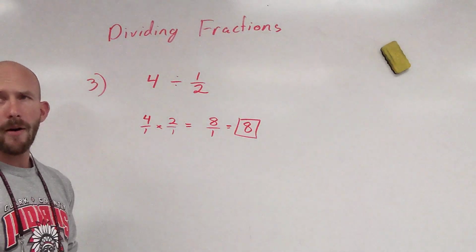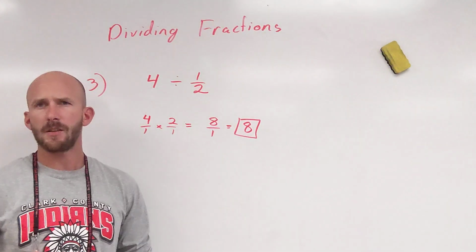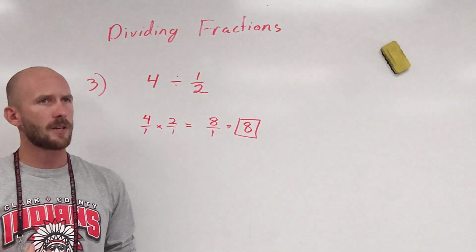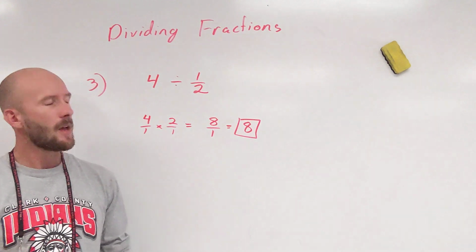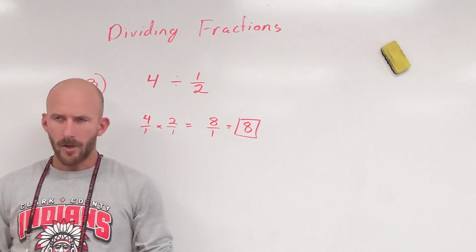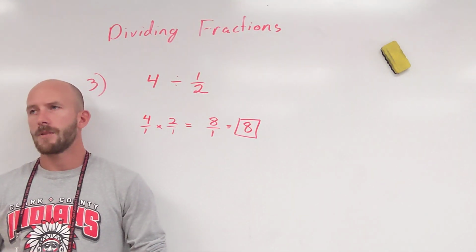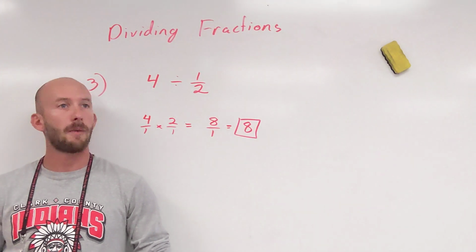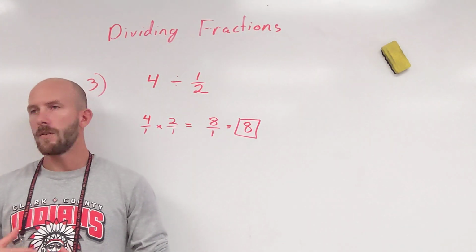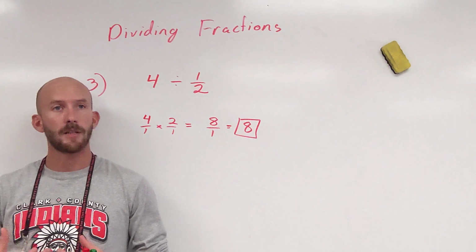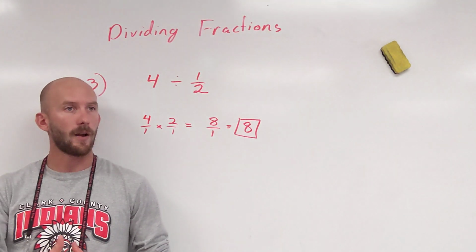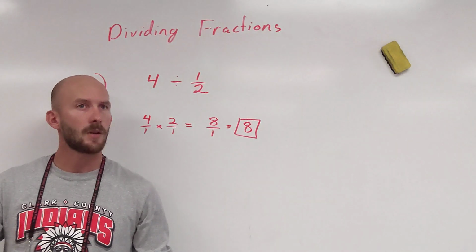Now, real quick, because I think sometimes dividing fractions doesn't make a lot of sense to us. If I give you something like 10 divided by 2, the way you typically think about that is how many times does 2 go into 10, right? Well, it goes in 5 whole times.